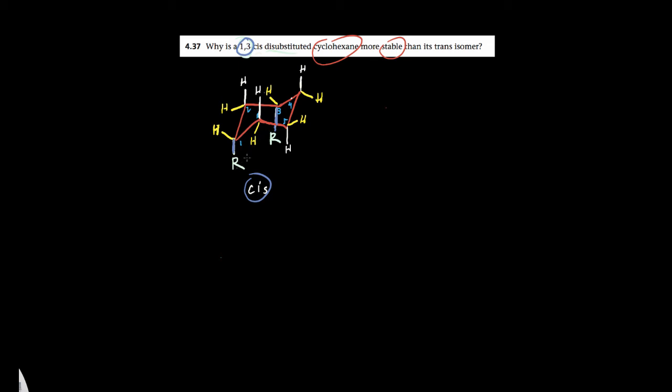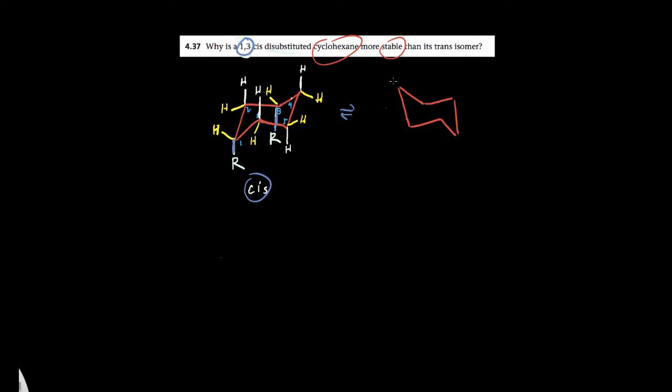Now, this doesn't look very stable because the R groups are both axial. But if we do a chair flip, so let's just draw the equilibrium arrows and flip the chair. So that means we flip carbon 1 up. And here's our flipped chair now.